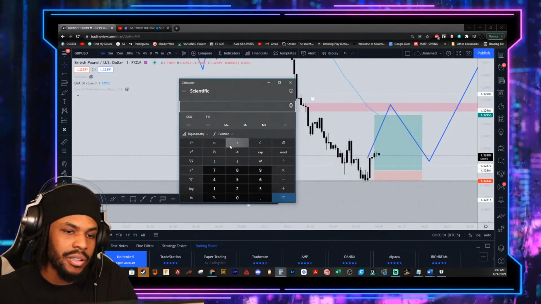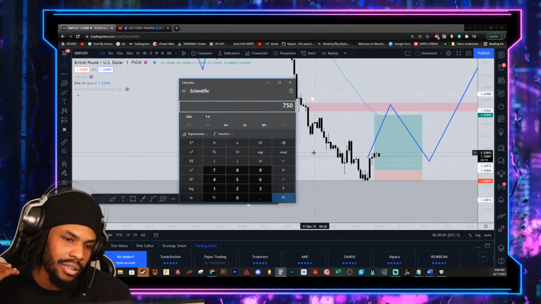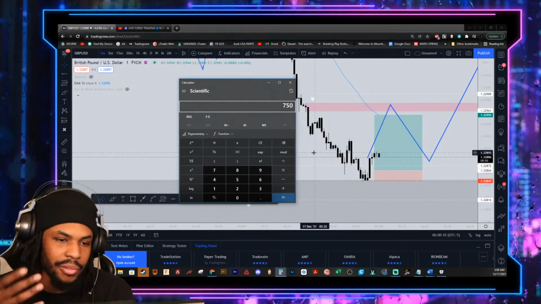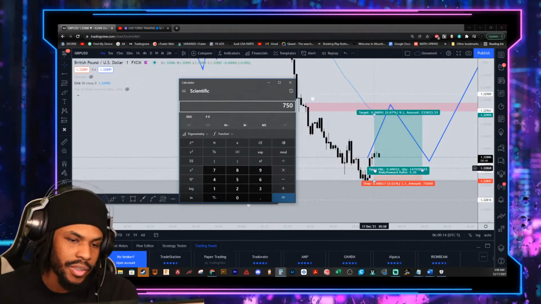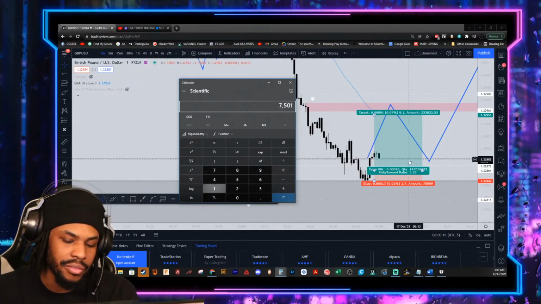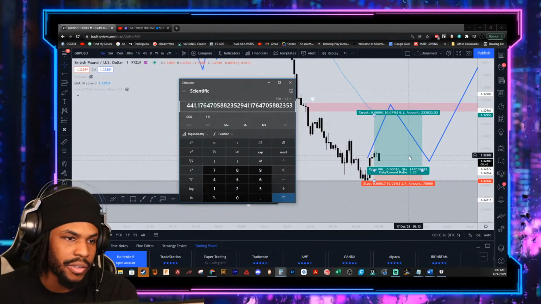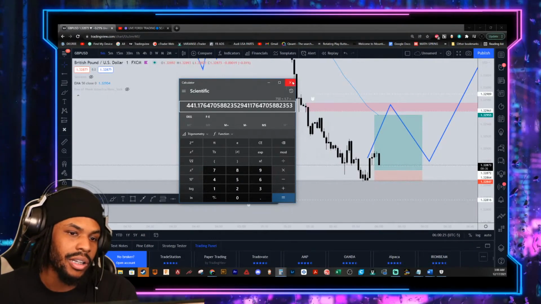So let's say 750. I'm okay with either 1,000 or 500. I'm just operating within that zone, so I say roughly 750 divided by 1.7, divided by 1.7. $441. That's like a 40 lot.